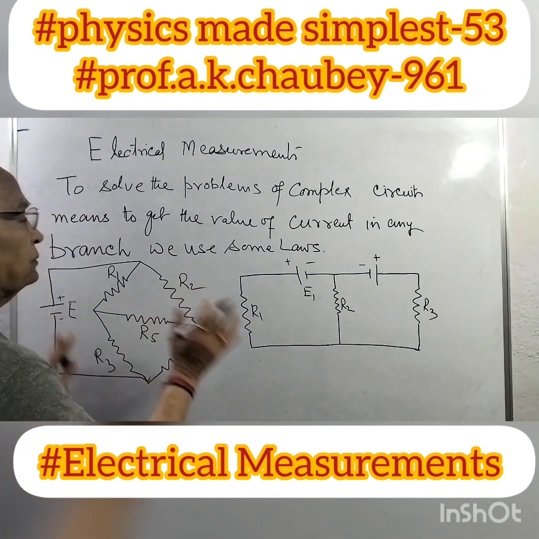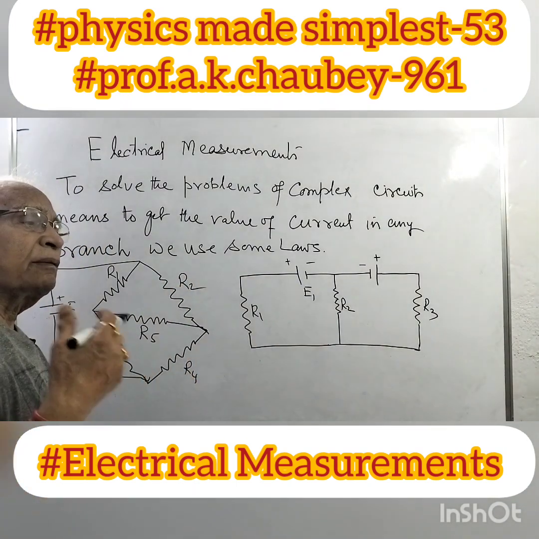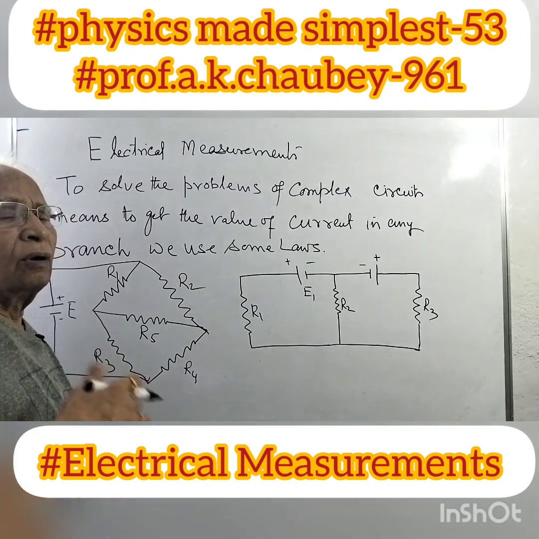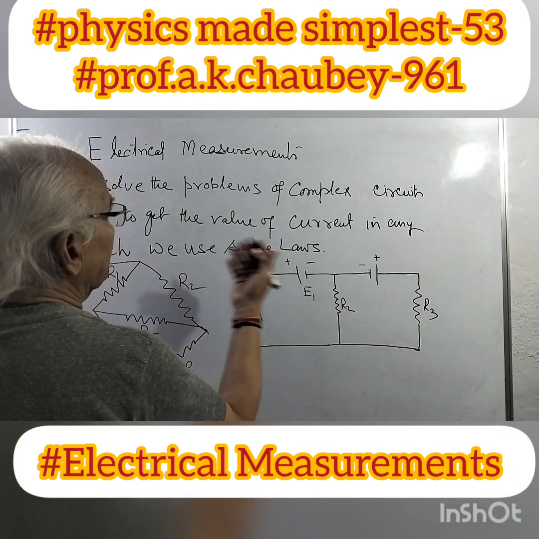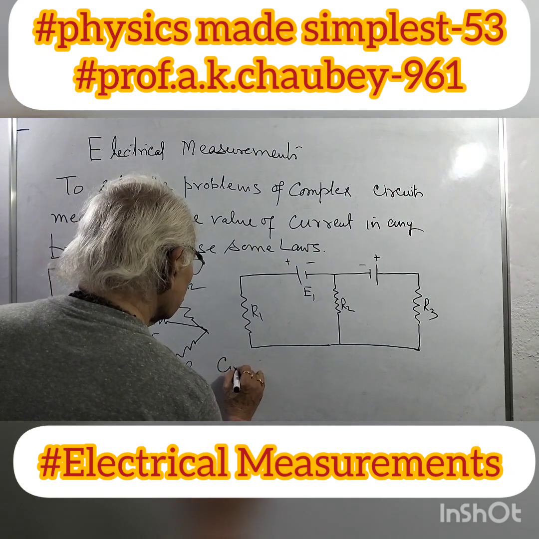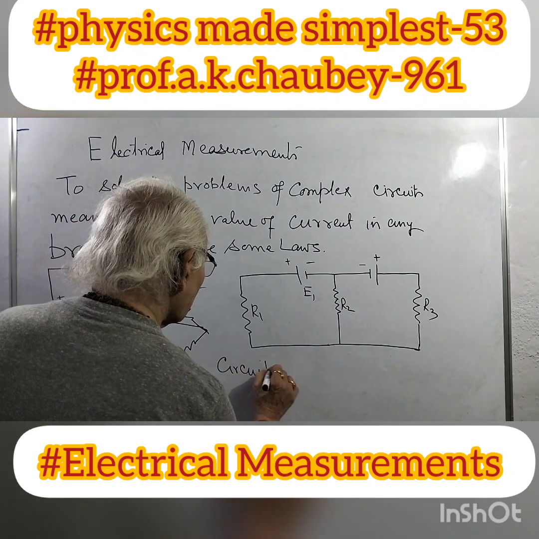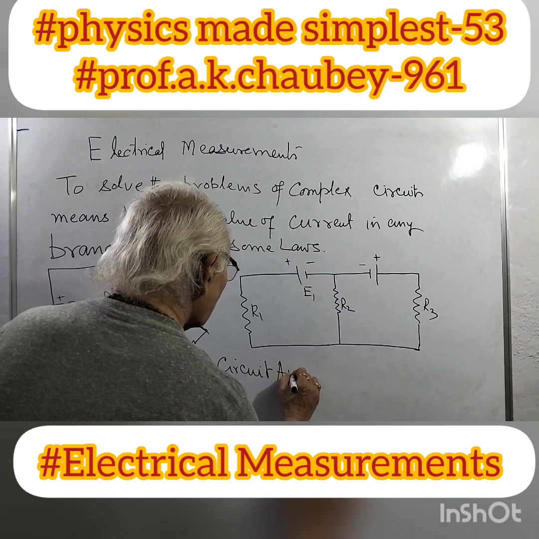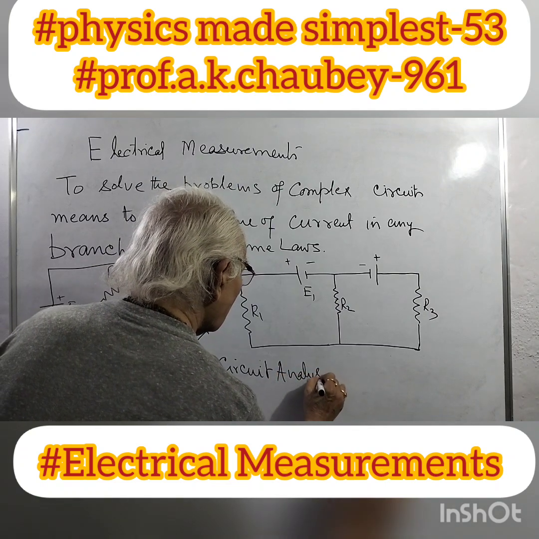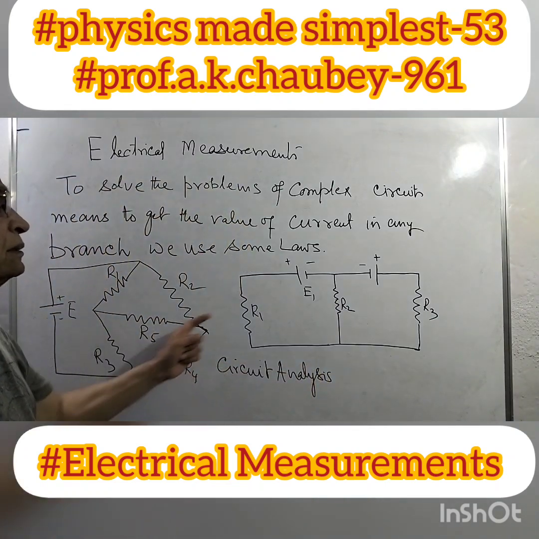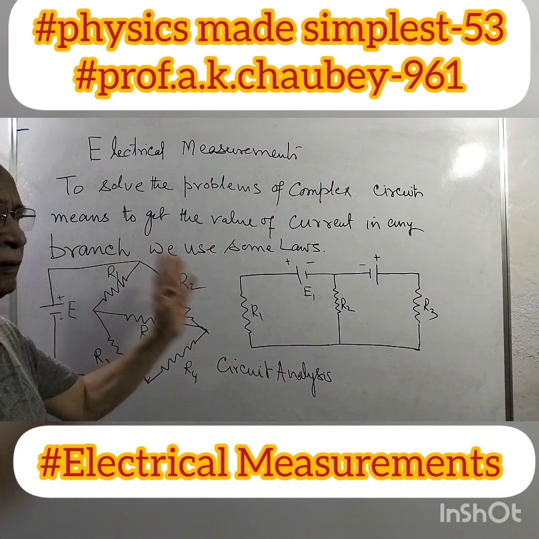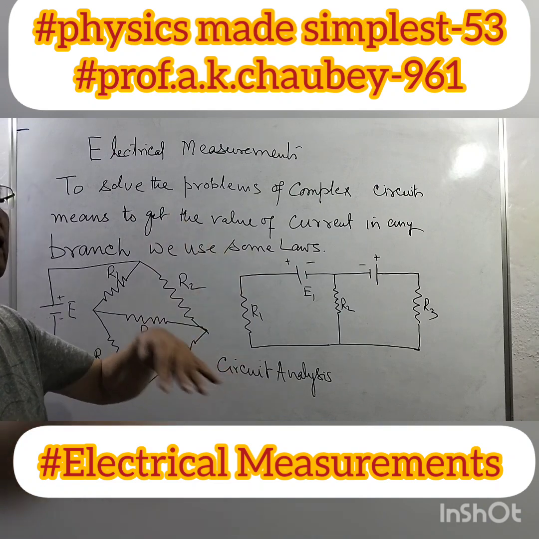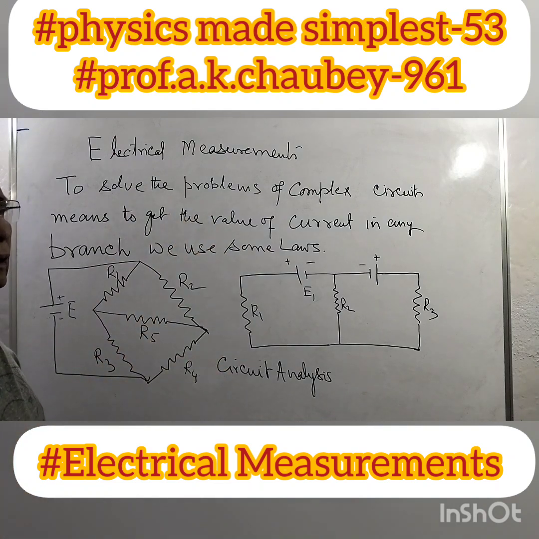So to solve such circuits, we need some more laws or methods. That is called circuit analysis. A circuit involves some potential sources, some resistors, some capacitances also, and if we have AC type, that is imaginary complex algebra.